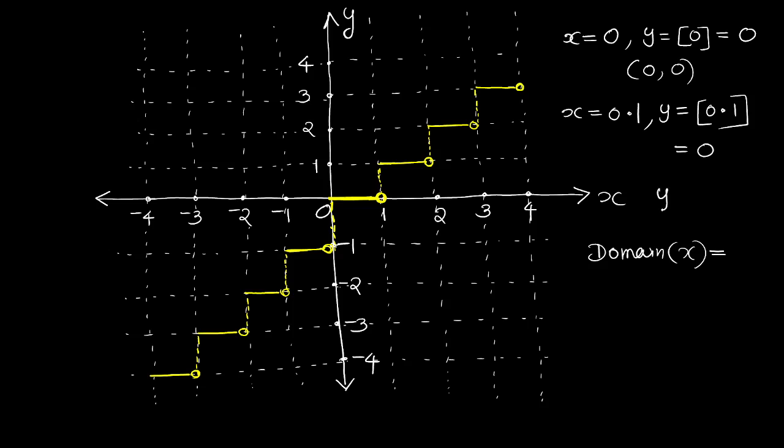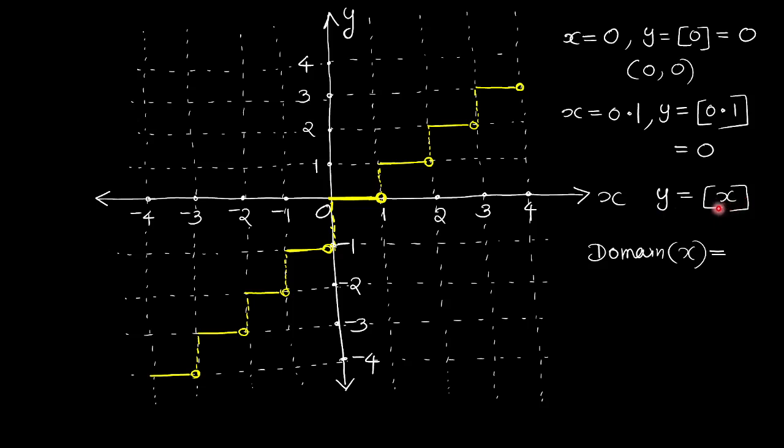Domain means you just ask yourself. Remember, in more than 90% of the questions, the domain is R, the real numbers. So you just ask yourself, can I substitute any real value for x?